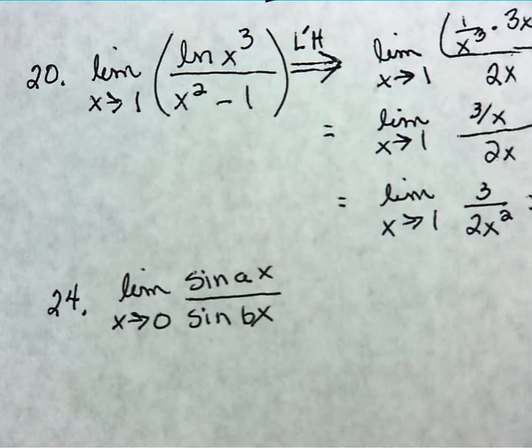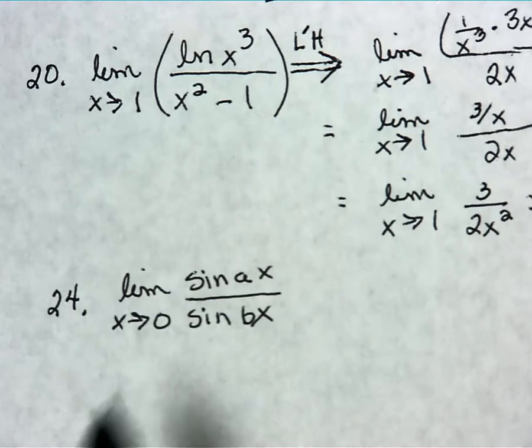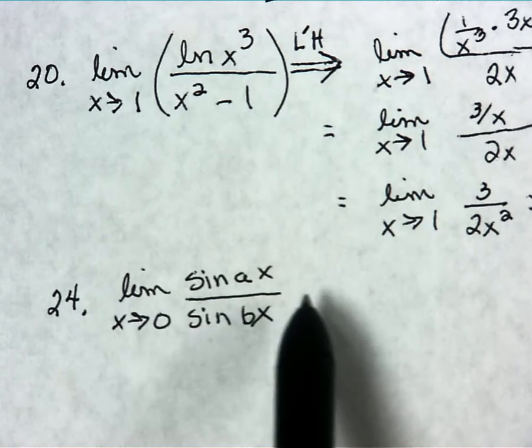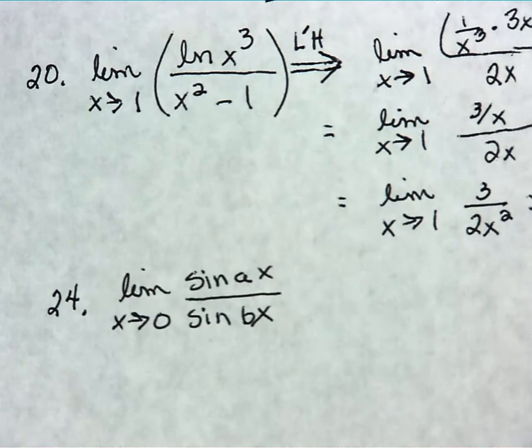Then I would ask, do you get one of the indeterminate forms that L'Hopital's rule can help with? Yeah. If you let x be 0, then sine of 0 is 0, and the denominator sine of 0 is 0. So yes, it's one of the forms L'Hopital's rule can help with.